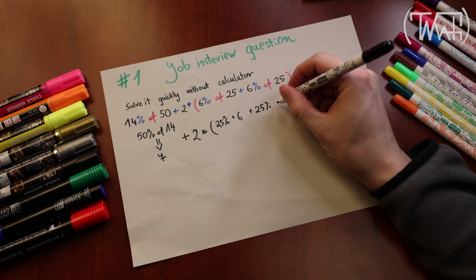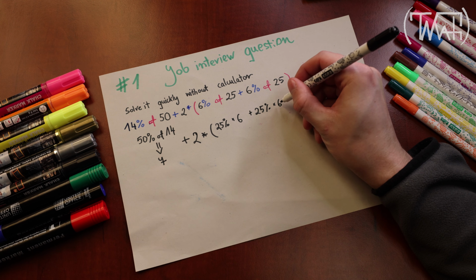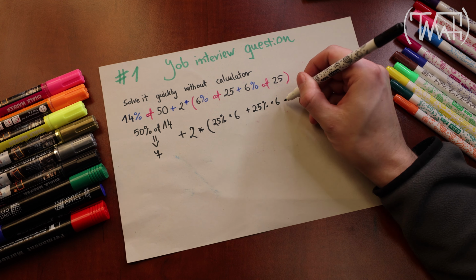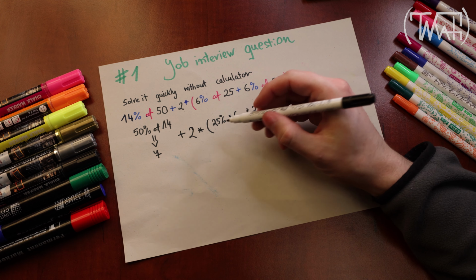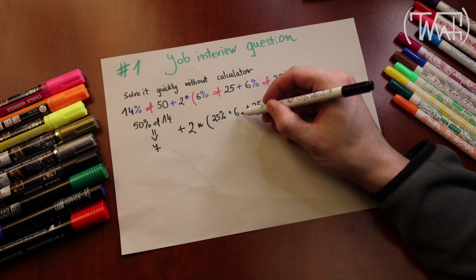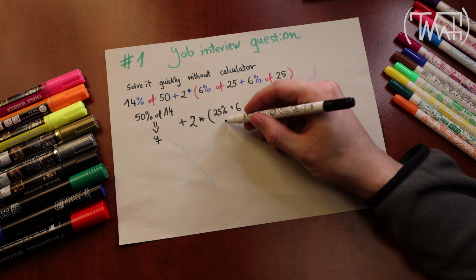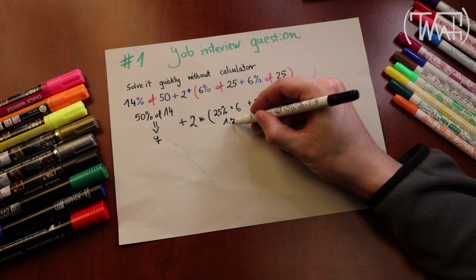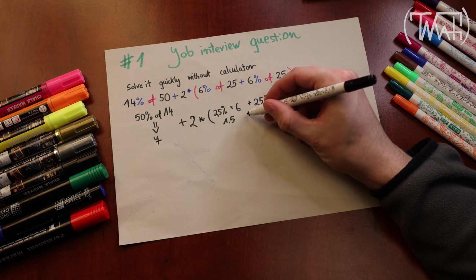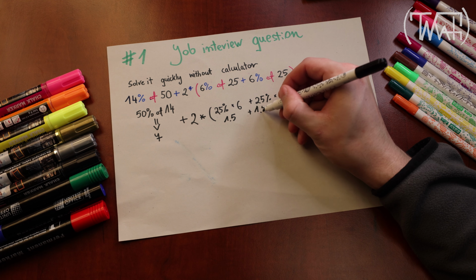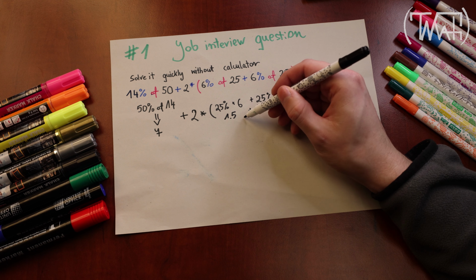So now, 25% of the 6. It's like divide by 4, right? So if you divide the 6 by 4, it will be 1.5 plus 1.5, which together is 3.